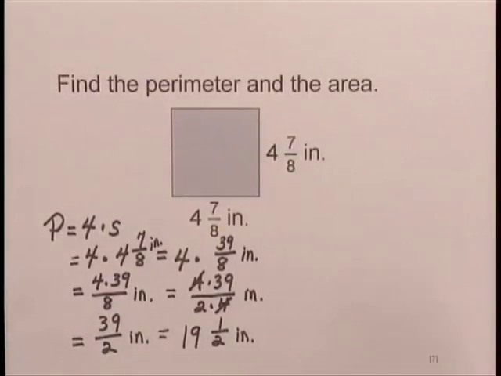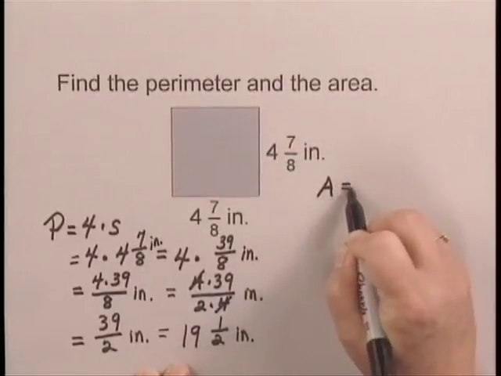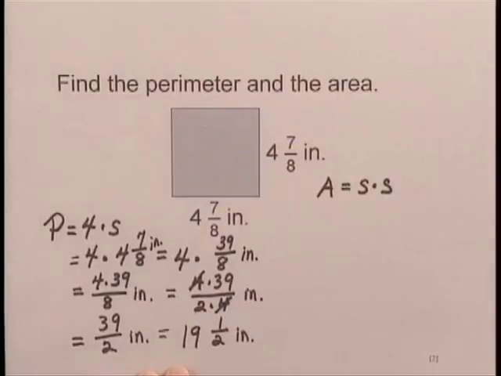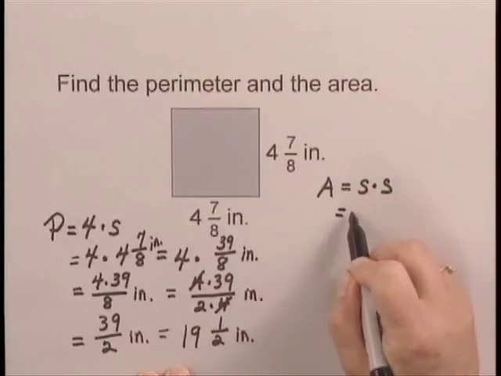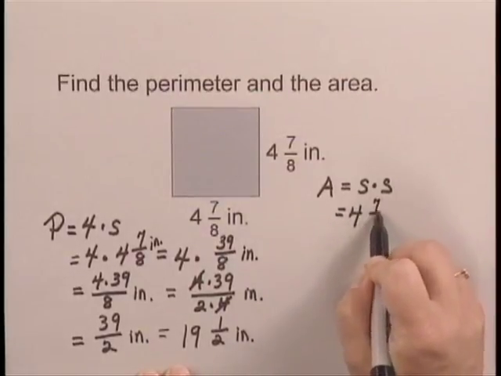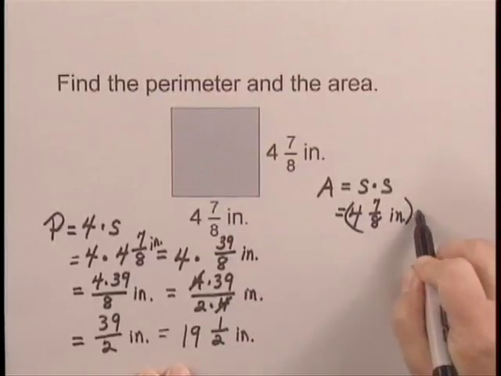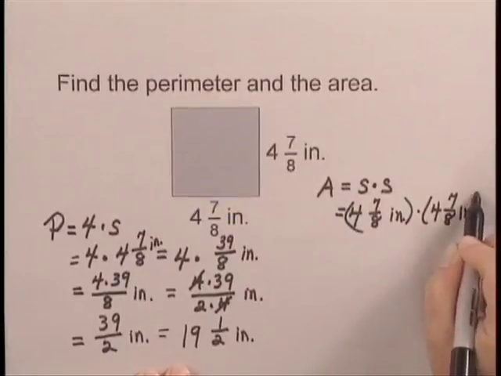For the area of the square, again, I'm going to begin by writing the formula. Area equals the side times the side. Substituting again 4 7/8 inches for each time I see s, I have area equals 4 7/8 inches times 4 7/8 inches.